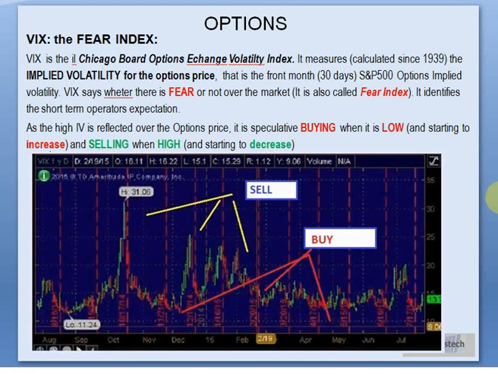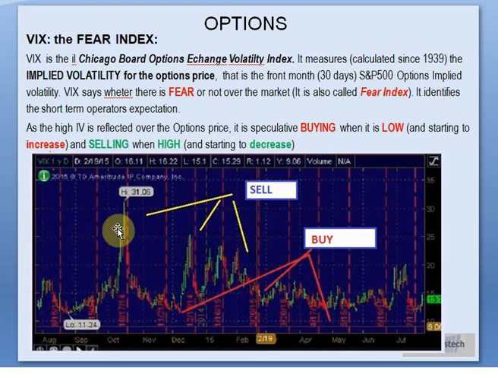VIX tells me whether there is fear or not on the market, and in fact sometimes it's also called the fear index. It identifies the short-term operator expectation in terms of calm or fear.